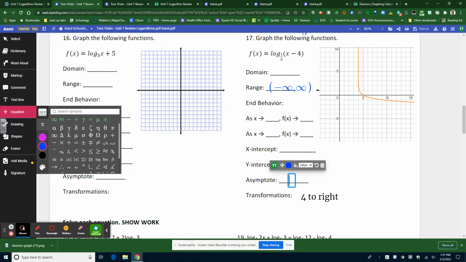Vertical line. So what's 4? X or Y? X. All the x's, right? So it would be a good equation if all the x's were 4. We need an equation, we need an x, we need a 4. What are we missing between the x and the 4? Has to be an equation. Come on, Bree, I know you got it. You can say it.